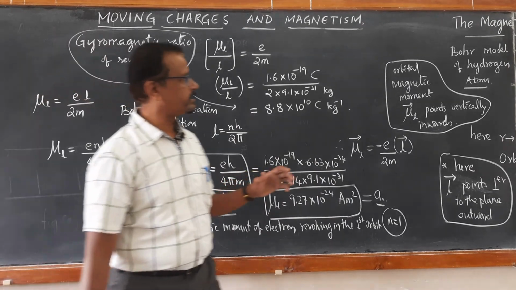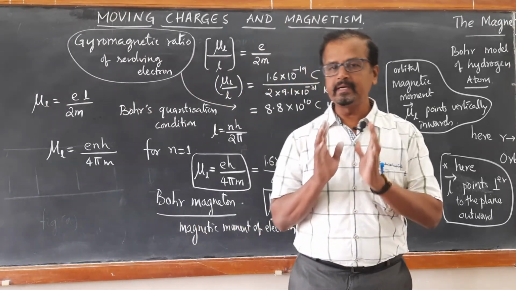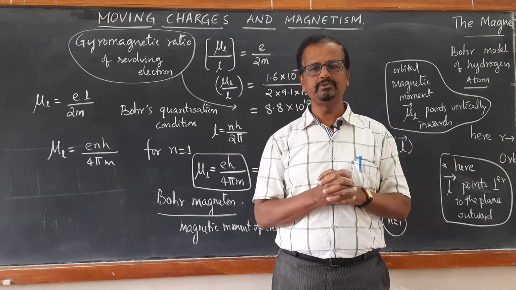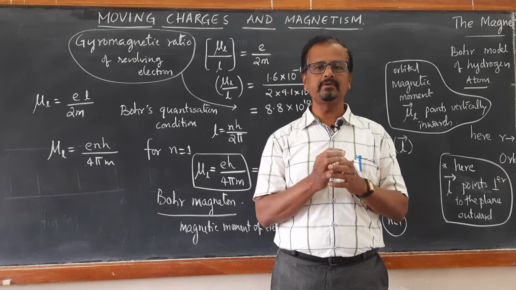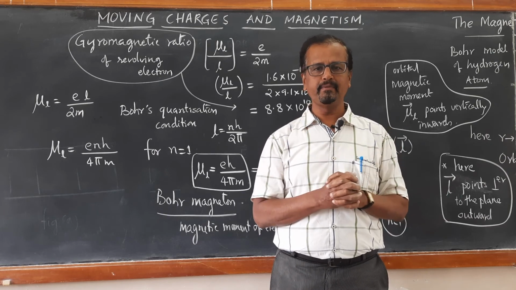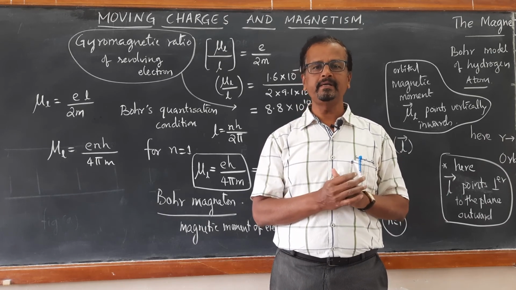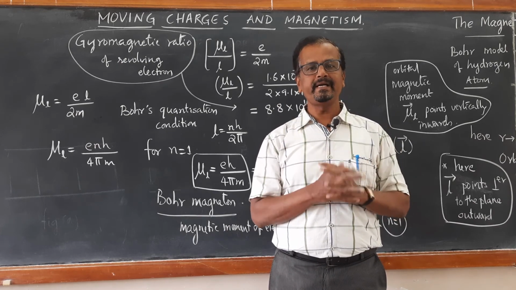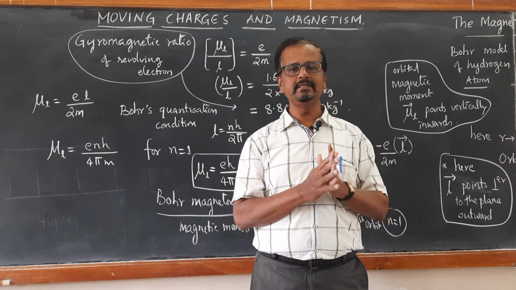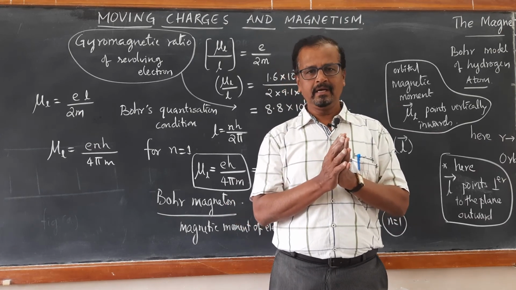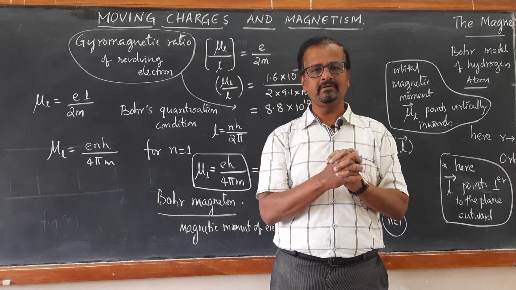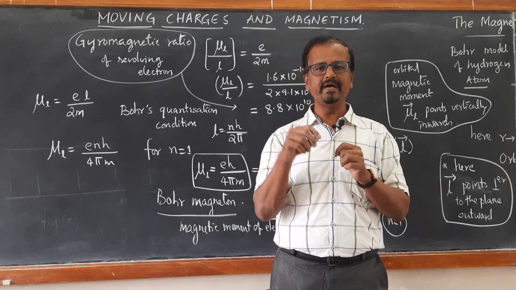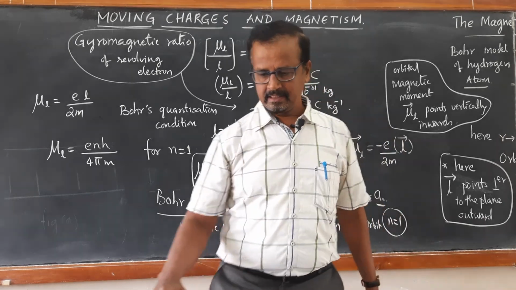So, we have calculated the orbital magnetic moment of an electron revolving around the nucleus, and this gives you an idea that revolving electrons will give rise to a magnetic moment. And one more magnetic moment is possessed by the electron due to its spin. It is called the spin magnetic moment, an intrinsic property of the electron, denoted by mu s.